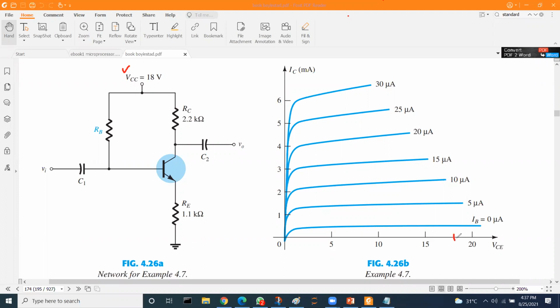Let's say this is the 18 volts. And similarly, VCC divided by RC plus RE. So the RC plus RE value is 3.3k. So we divide 18 by 3.3k.